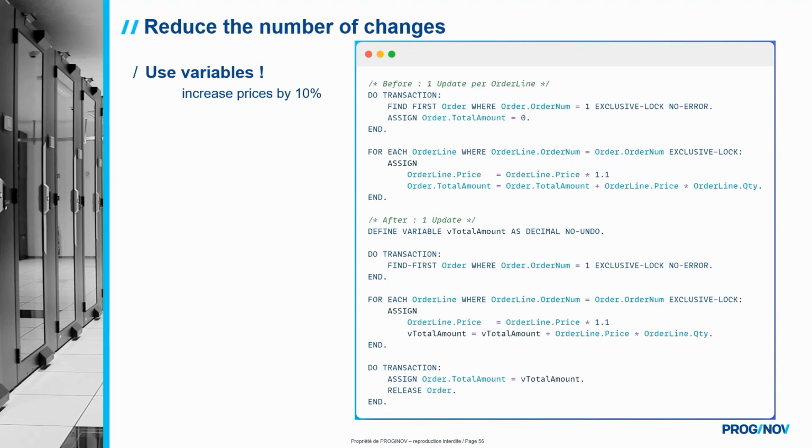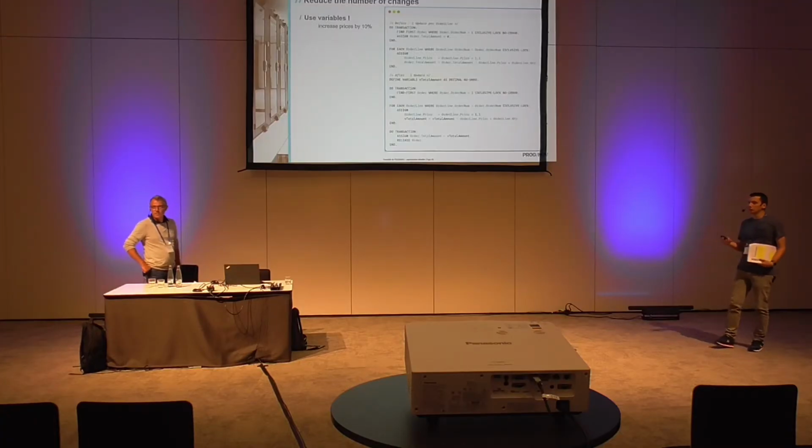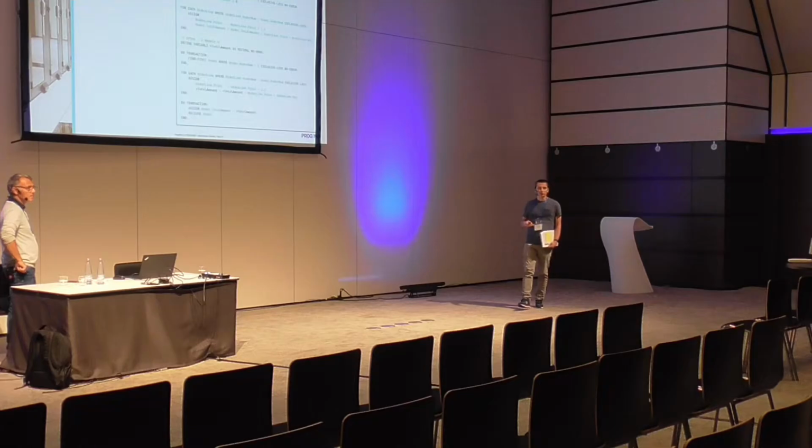So there are many ways to achieve this. One of the options is to use variables. In our example, we want to increase every order line by 10% and update the order total amount of our order.